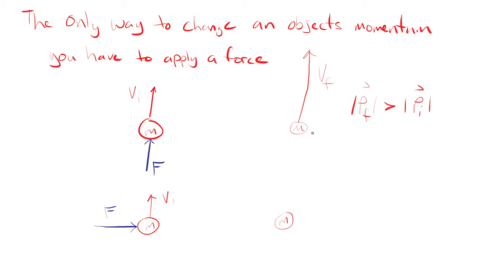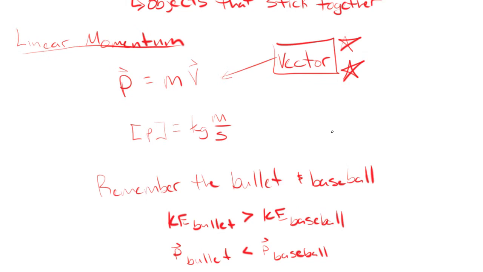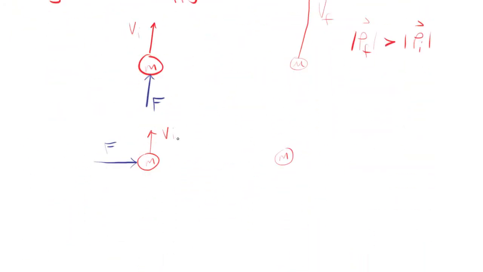So the first thing that should give it away is that momentum is a vector. Anything that's a vector, that means that direction is important. So it doesn't matter that I'm applying a force perpendicular, my momentum will change.